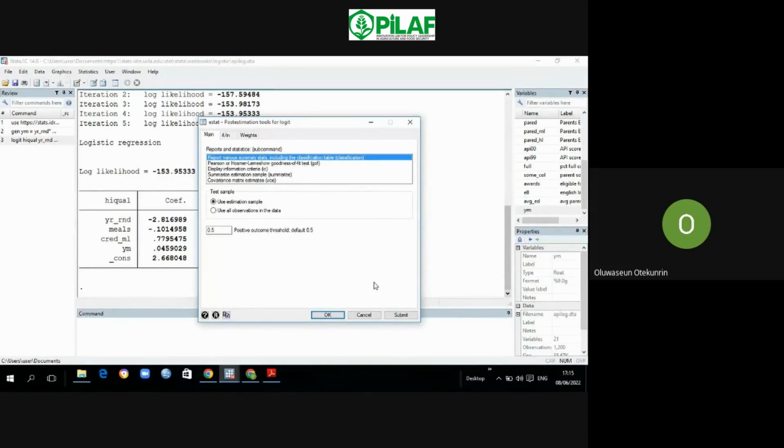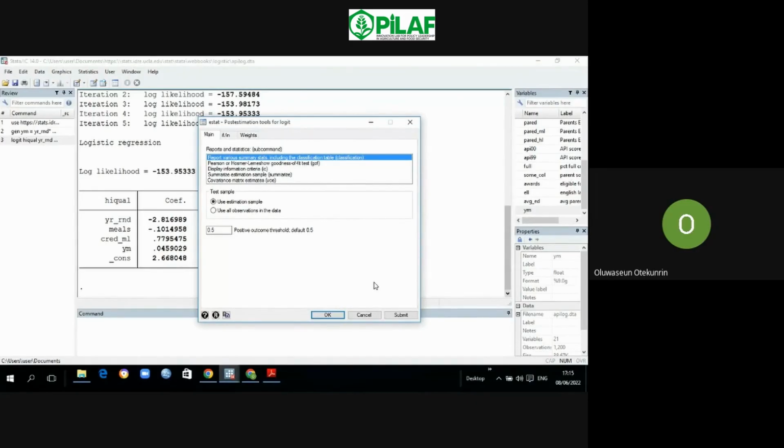If you do that successfully, you see that a new window will pop up, post estimation tools for logistic. You see main, if/in.